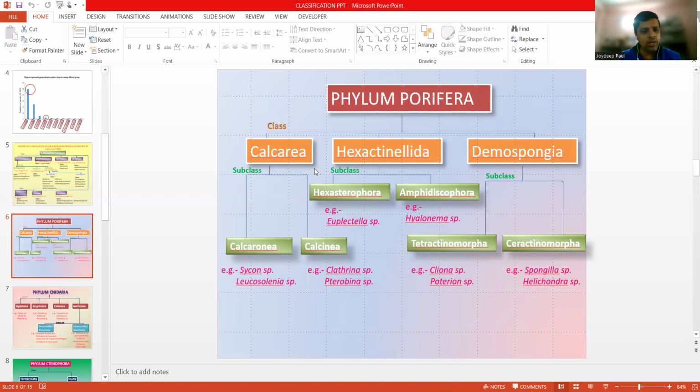So basically, we are trying to discuss that, but I will encourage all the students to consult or read from the books I suggested, like Rupert Barnes for invertebrate biology. For vertebrate biology, we will be discussing later.